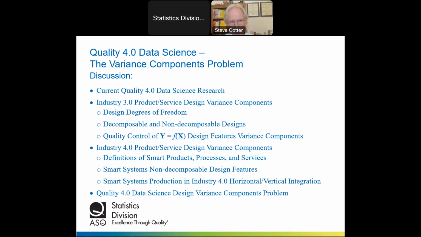Then we'll add on top of that the Industry 4.0 service design, variance components, and finally end with my definition, and I'm qualifying that as my definition, of Quality 4.0 data science, design, variance, components problem. And for me, this is a much bigger problem than data science has traditionally approached.